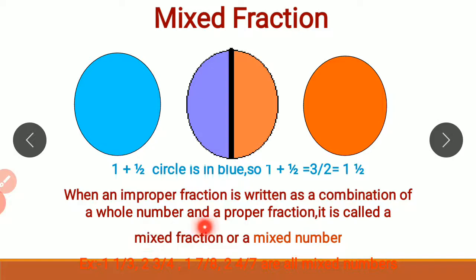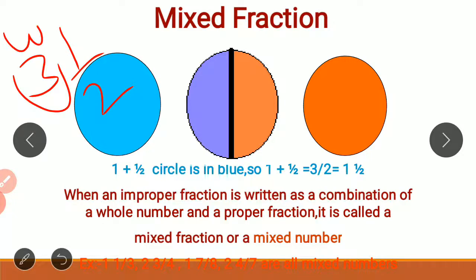Here are some examples. Suppose we write here 3 and 1 by 2, 3 into 1 by 2. That means here 3 is a whole number, 1 is the numerator and 2 is the denominator.